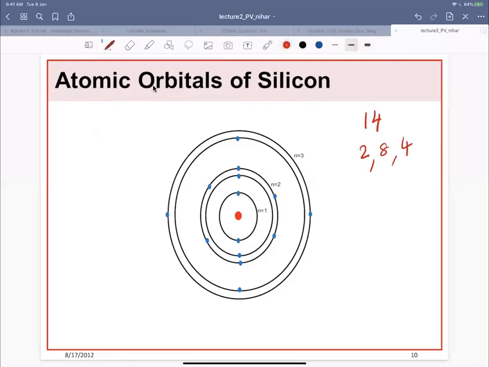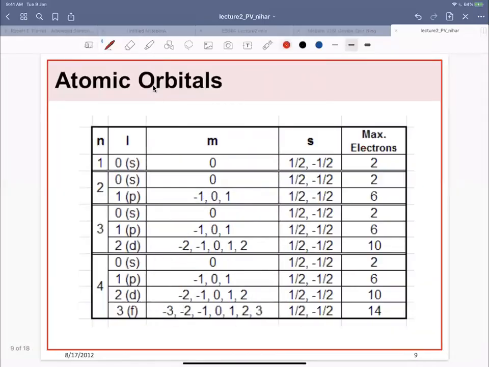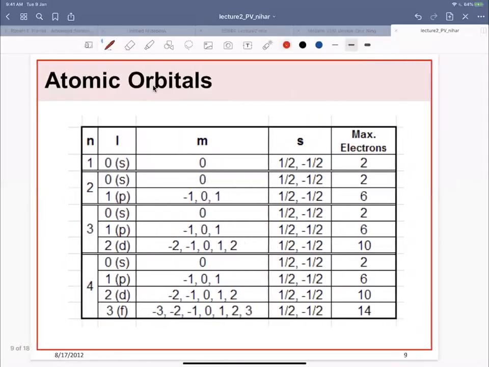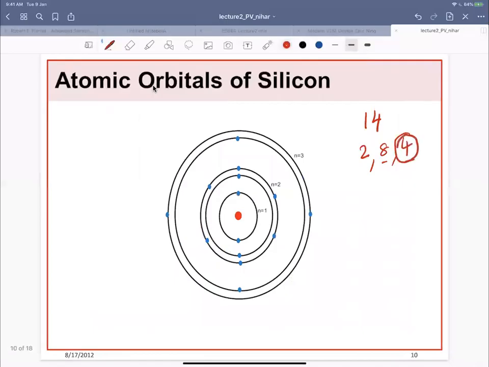Then n equal to 2 has 8 electrons, and n equal to 3, which could carry a maximum of 18, has only 4 electrons. These 4 electrons we call valence electrons, because they are in the outermost orbit, and they can be easily removed from the atom by applying some energy. That's the reason they're called valence electrons.